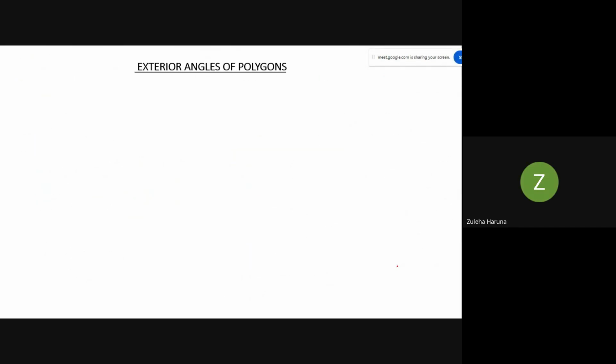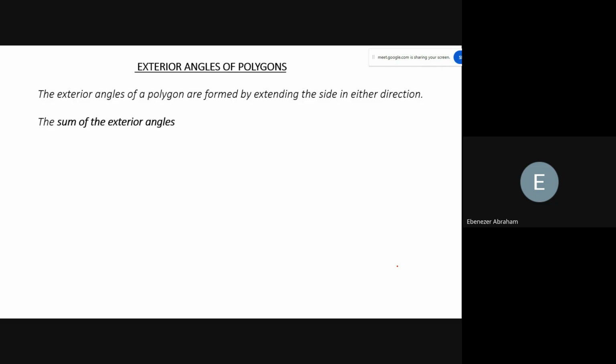Somebody mentioned the exterior angle, the sum of exterior angles: all the exterior angles put together, you get 360 degrees. But I have this question for you.